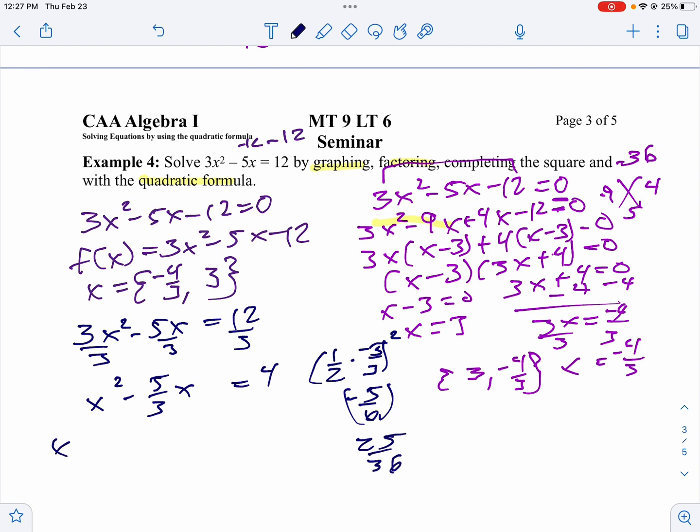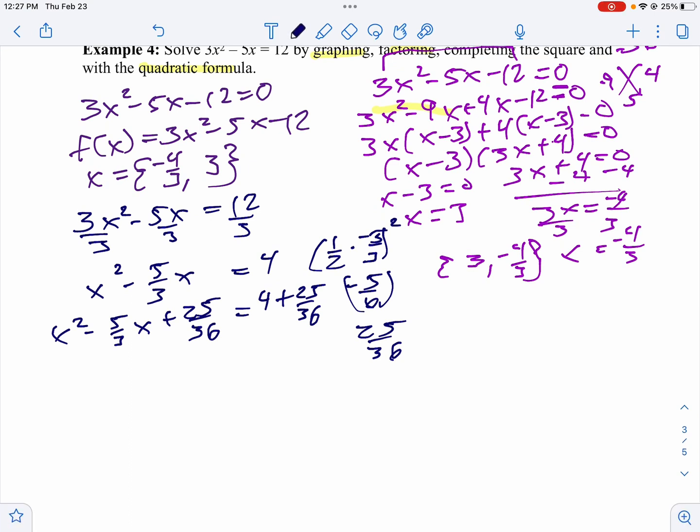So I'll get x squared minus 5/3 x plus 25 over 36 equals 4 plus 25 over 36. Now I can factor that. I know that factors to x minus 5/6 squared because I already know it's negative 5/6. And then I need a common denominator, don't I?